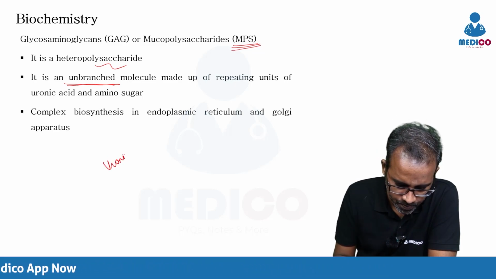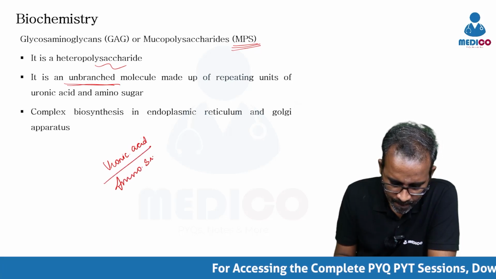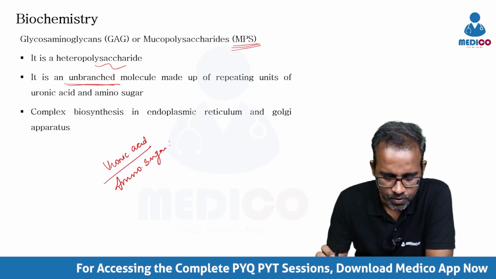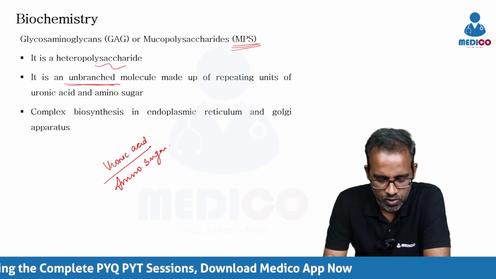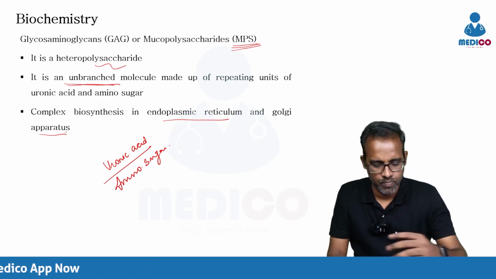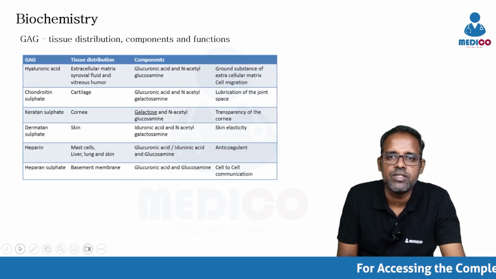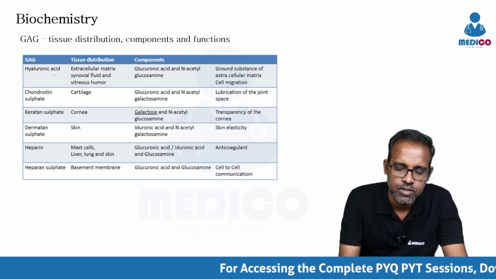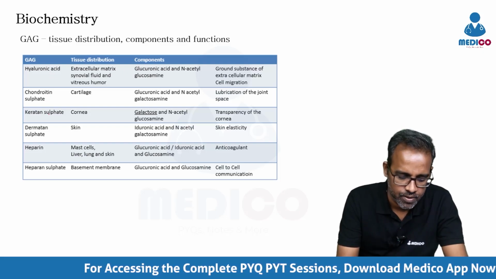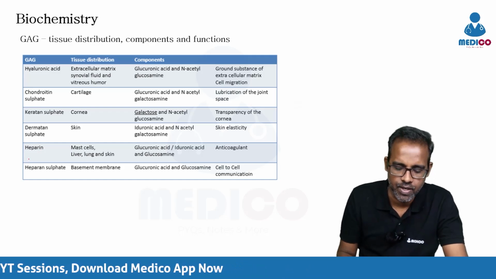Uronic acid and amino sugar. These glycosaminoglycans are synthesized in the endoplasmic reticulum and Golgi apparatus. So what are the various glycosaminoglycans we know? These are the various glycosaminoglycans: hyaluronic acid, chondroitin sulfate, keratin sulfate, dermatan sulfate, heparin, and heparan sulfate.